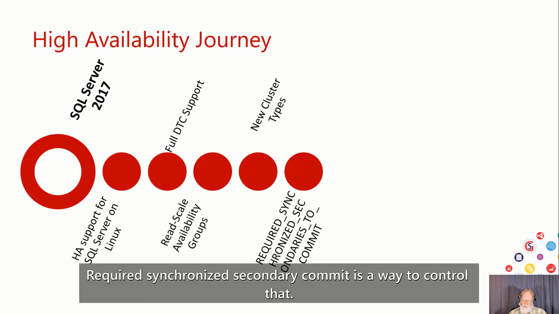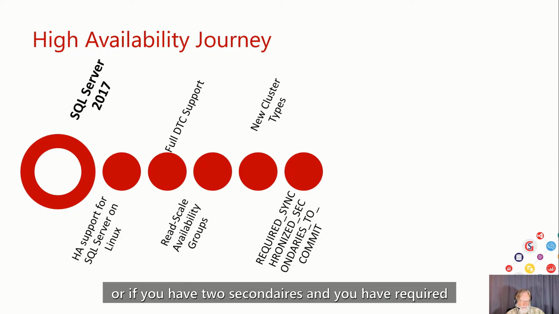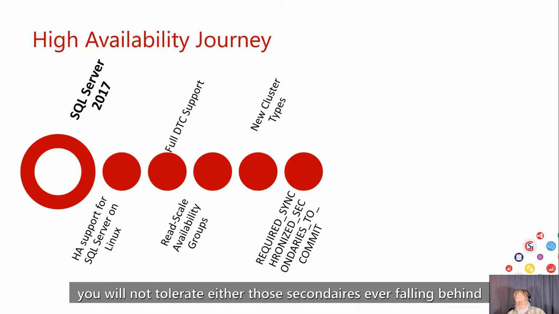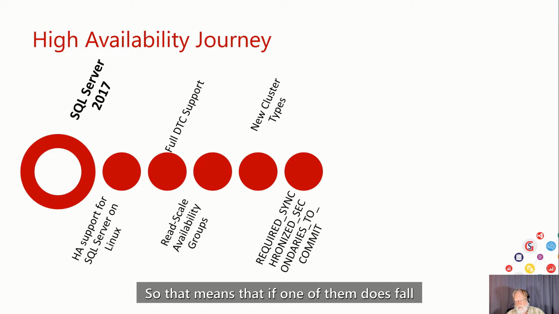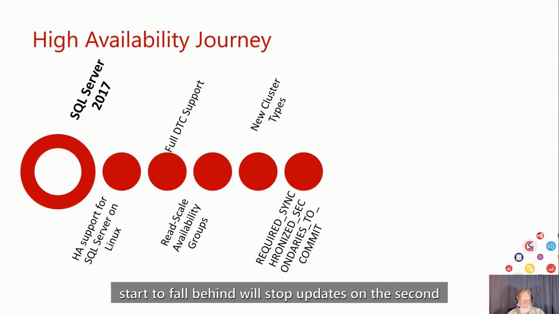Required synchronized secondaries to commit is a way to control that. So if you have two secondaries and you have required synchronized secondaries to commit equal to 2, you will not tolerate either of those secondaries ever falling behind your primary. That means that if one of them does start to fall behind, we'll stop processing updates on the primary.